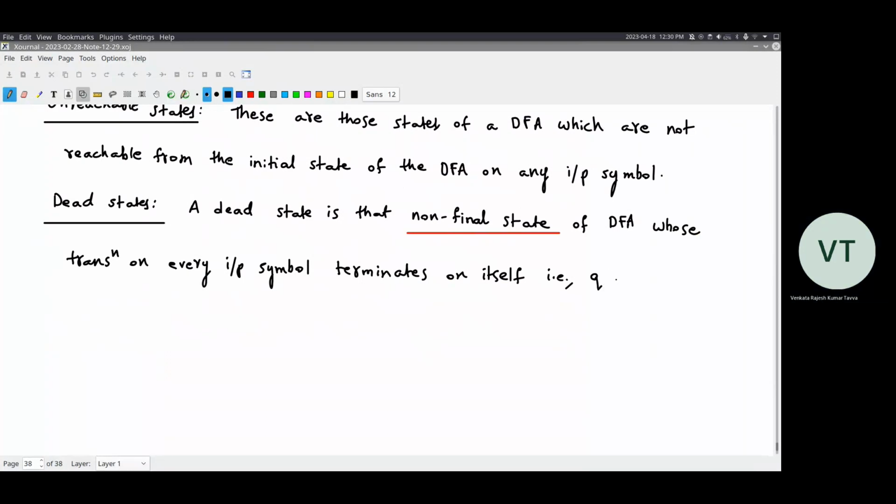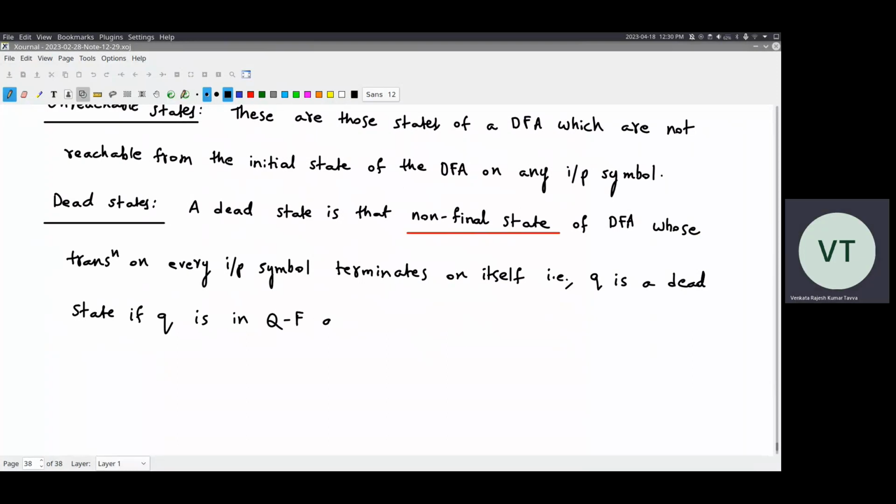That is, Q is a dead state if Q is in capital Q minus F and delta of QA will be equal to Q. It should not go out of that state.